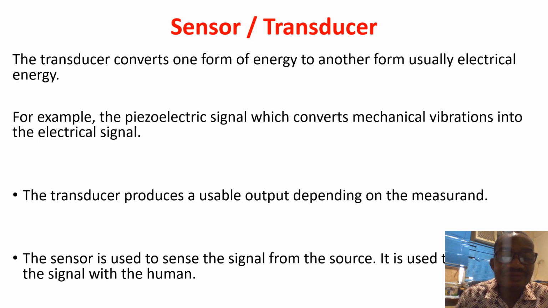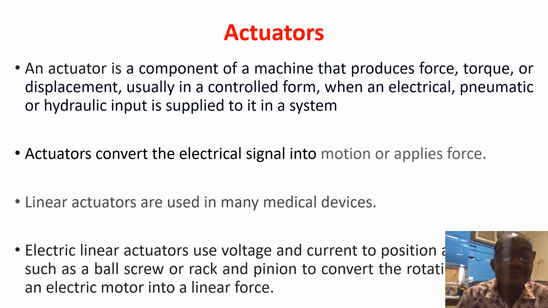So transducers produce a usable output depending on the measurement. It does the conversion and produces a usable output that can be processed to give you the accurate value that was measured. The sensor is used to sense or detect the signal from the source.